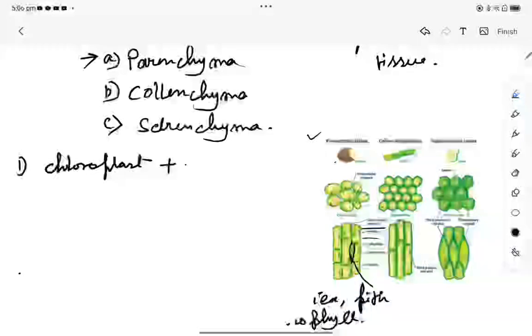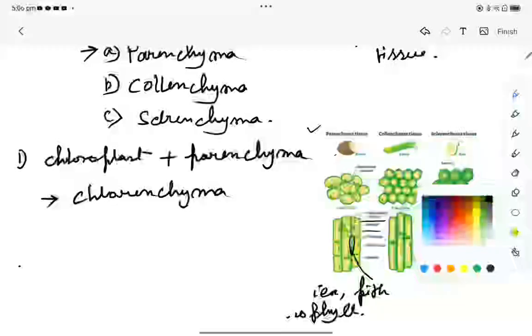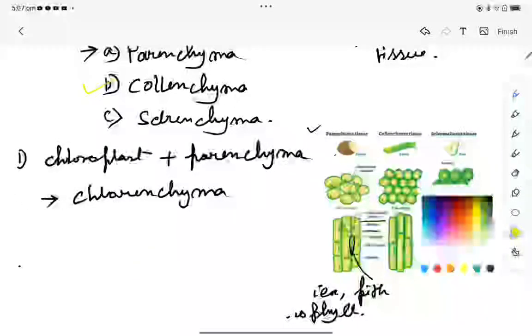So chloroplast plus parenchyma, chloroplast containing parenchyma, is called chlorenchyma. Okay, we often get confused with sclerenchyma and collenchyma, right? They are very different. Chlorenchyma means parenchyma with chloroplast. They are present in mesophyll tissue and they can perform photosynthesis.